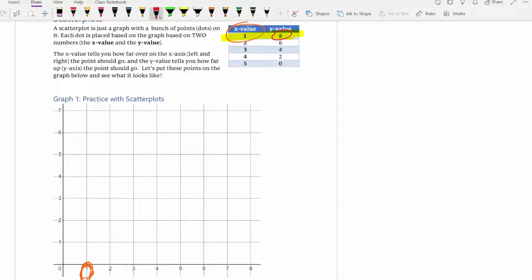I'm going to replace this graph for you guys because that was silly, because 8 would live up here. But that's okay. You're going to have a nice clean graph where that is on there. And so I would say we go up from here and over from there. And where those points meet, I would put a dot. That's where I'm going to put my first point, just like that.